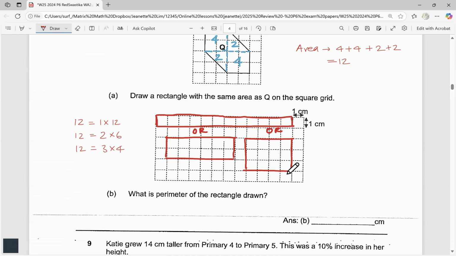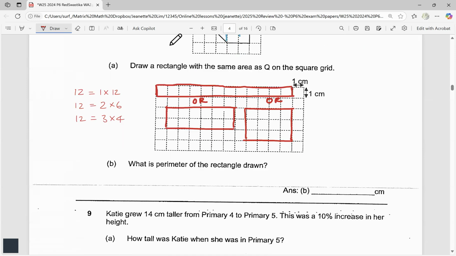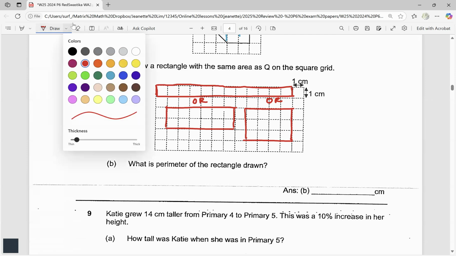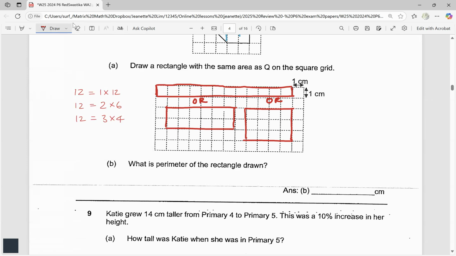You don't need to draw them all. Okay, then for B, what is the perimeter of the diagram drawn? Again, there are 3 different answers depending on which rectangle that you drew. The first one will be 12 plus 12 plus 1 plus 1, which will be 26.